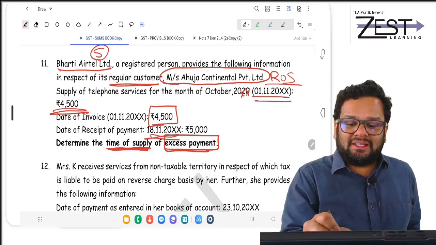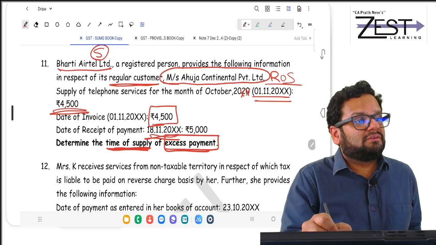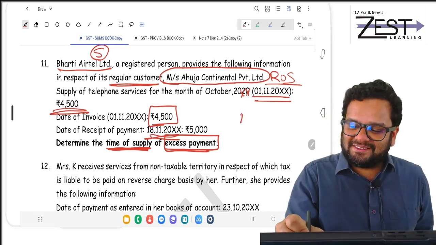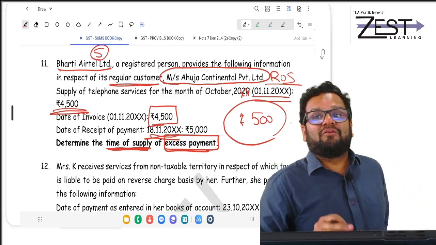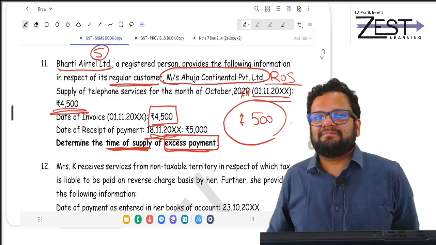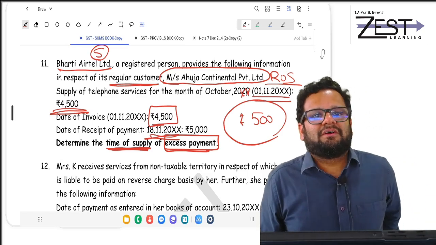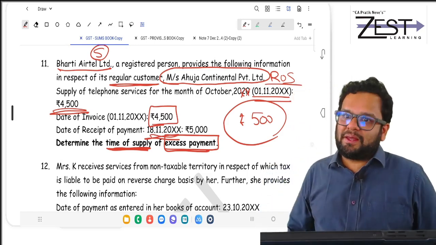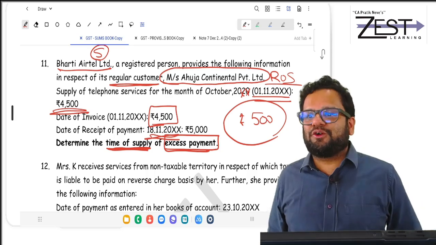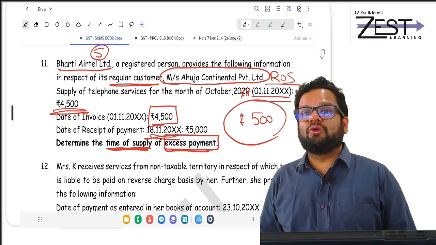Payment is received on 18th November of 5,000. What is the excess? For this 500, what is the time of supply? That is the question. So don't ask whether I will apply provision or proviso. Apply proviso. That is beneficial for you. So what is the time of supply?